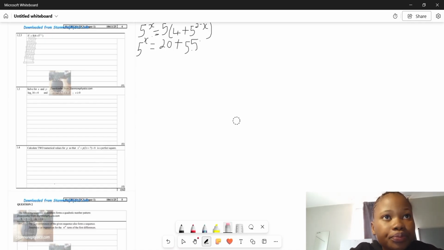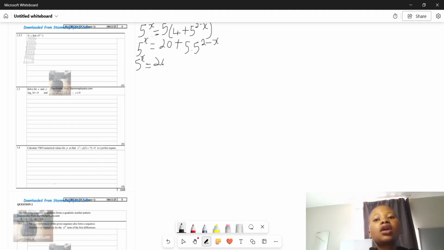Now something like this. Now we're going to multiply in plus 5 multiplied by 5 to the power of 2. So let's write it correctly. 5^(2 minus x).